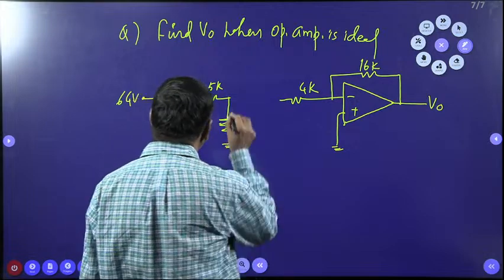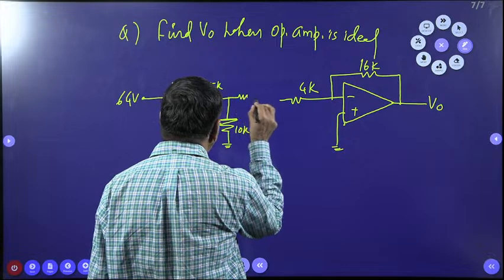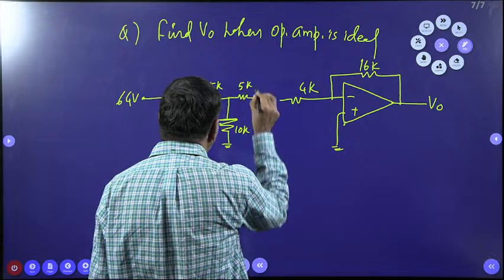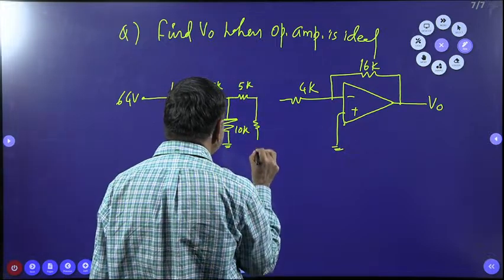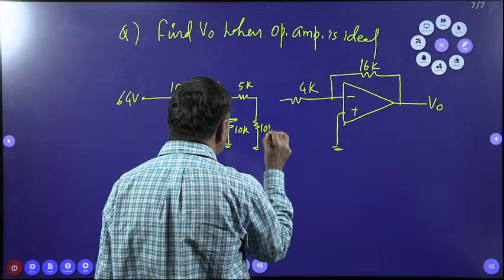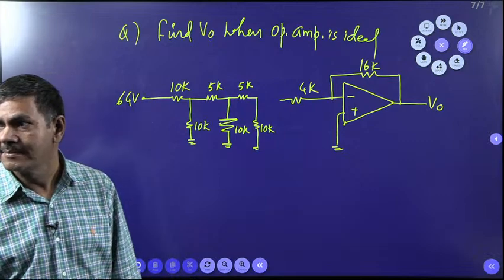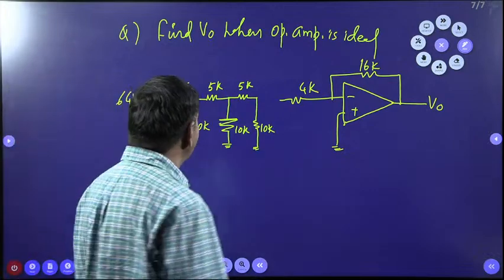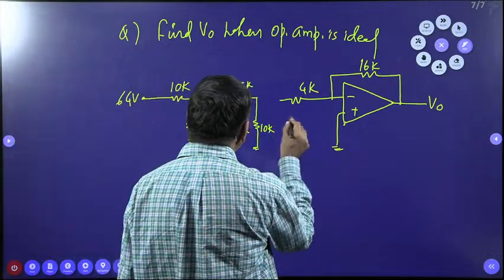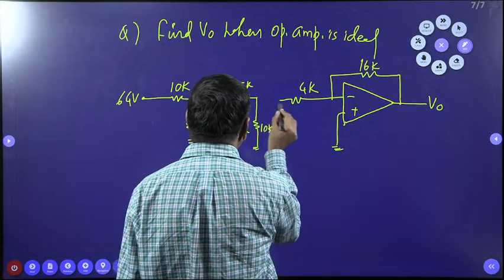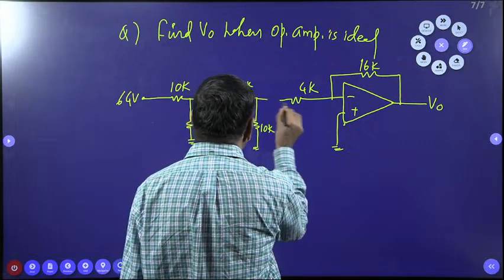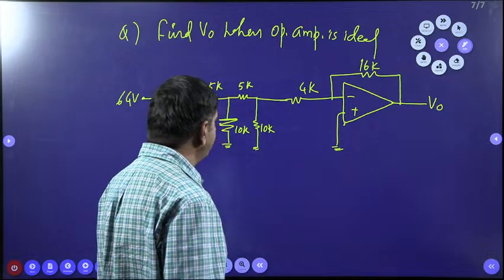I connected here one more 5K. I connected here one 10K resistor. It's 10K. And here I want to connect this 4K directly. Connection made now.